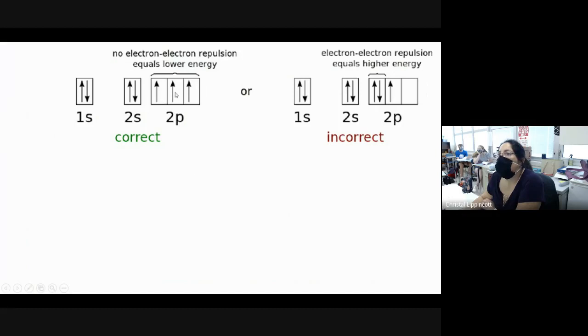This is your boron, carbon, and nitrogen. You can't double up until you've got 1 in each space. You also need to make sure that your spins are the same. So this would be an up, up, up. You wouldn't do an up, down, up. You wouldn't go down until you've doubled up. Make sense?